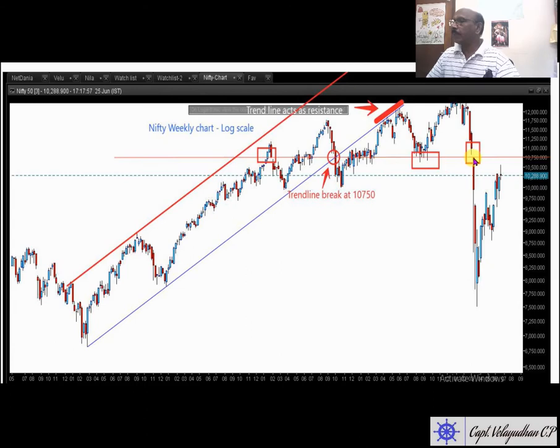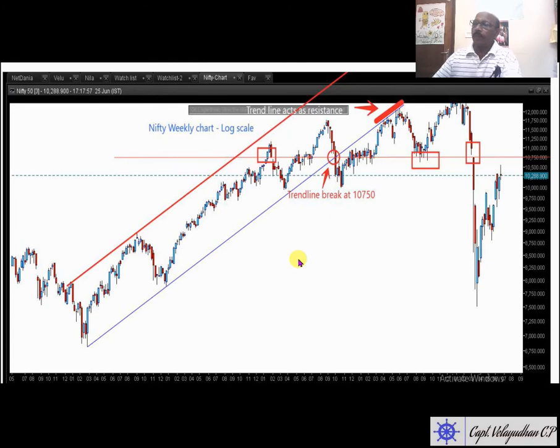Here also the gap down below the trend line breakpoint. Here also the gap down from the trend line breakpoints. So this line has a validity. Most of the time those are the places where they break the trend. This is the weekly time scale and the breaking point was 10,750.